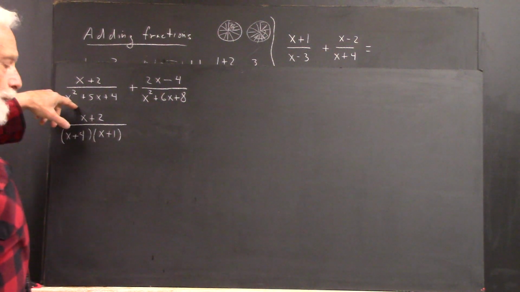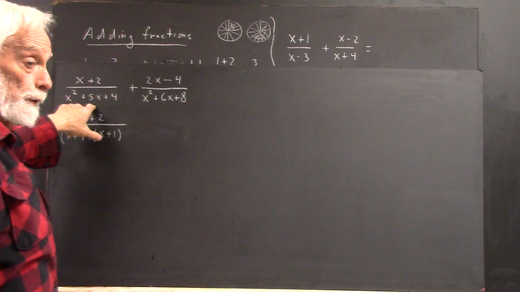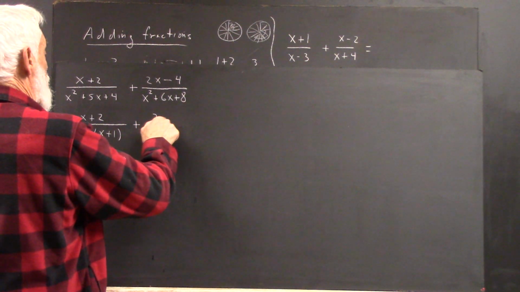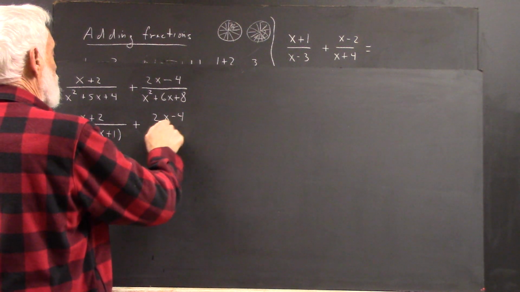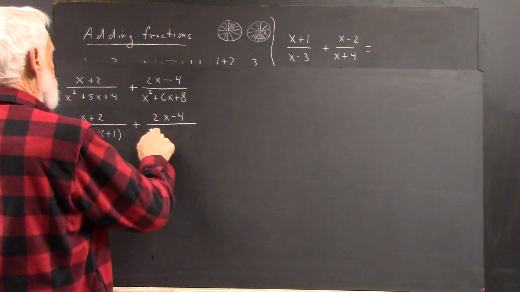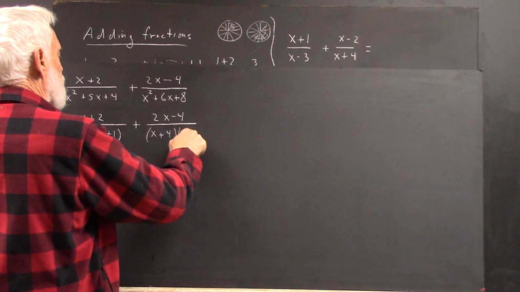And if you multiply this out using the distributive law, this is what you'll get. This is going to be equal to this. And here we have 2x minus 4 over x plus 4 times x plus 2.